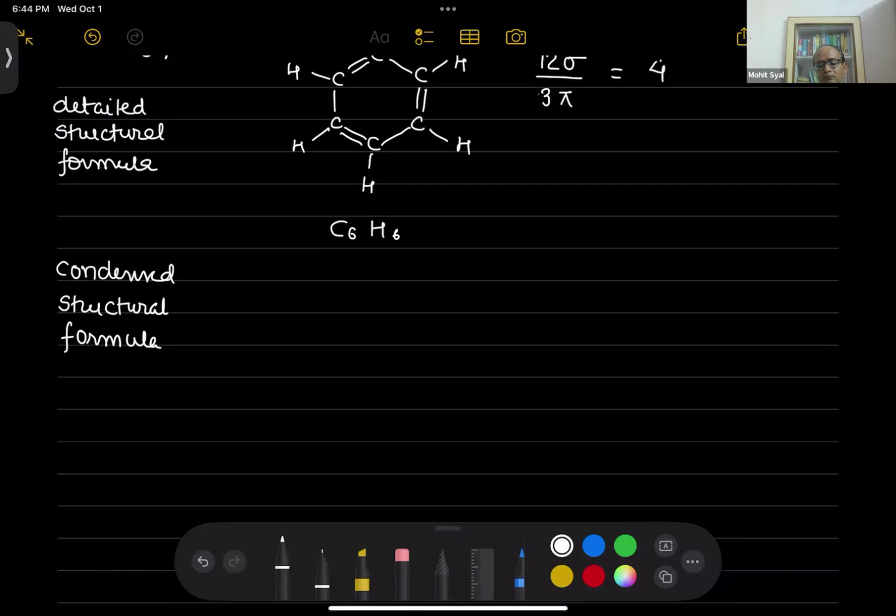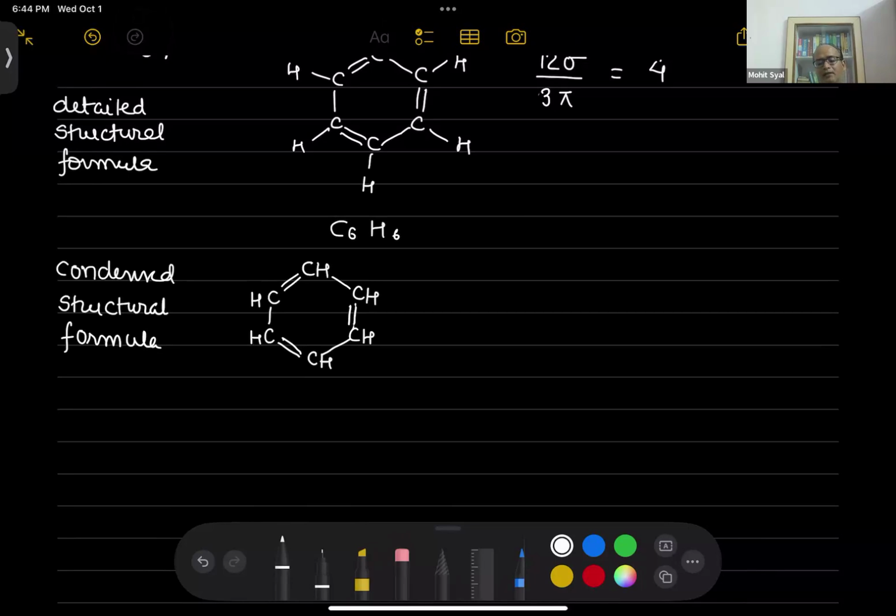Here you don't show all the bonds, you just show the carbon-carbon bonds. Is it clear?